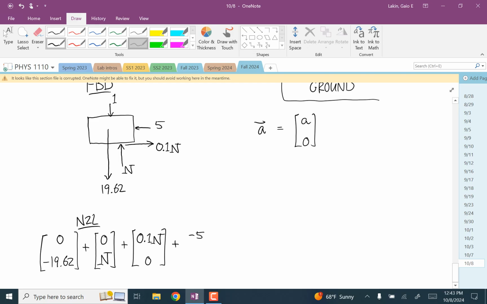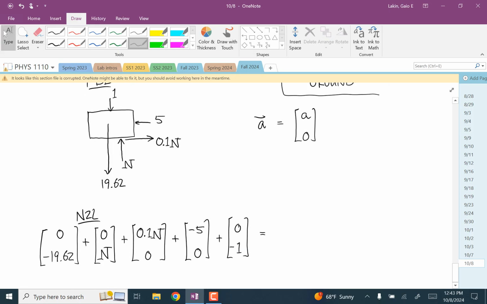Yep, (negative 5, 0). And then the last one is the 1 newton force. That's in the negative y direction. (0, negative 1). Exactly. And now these are equal to the mass, 2, times the acceleration that we already figured out is (a, 0).